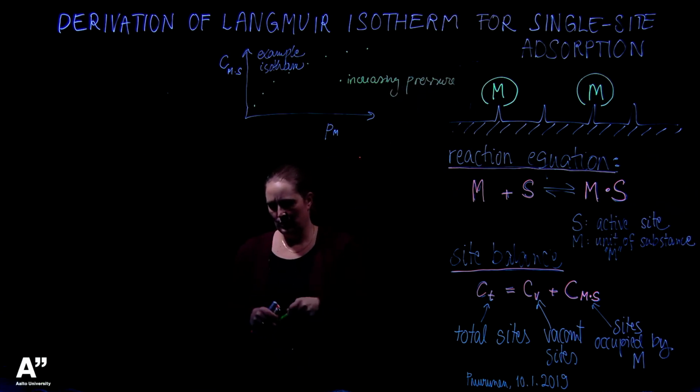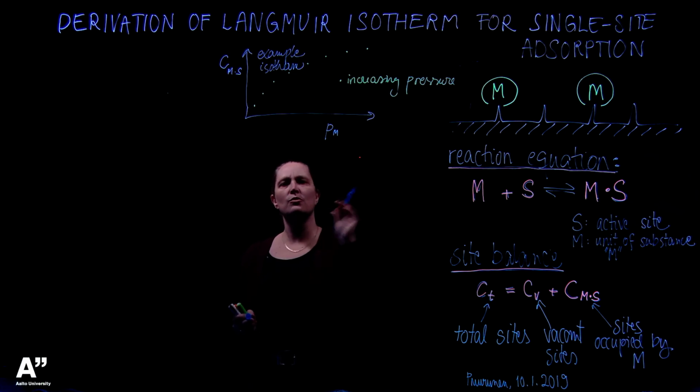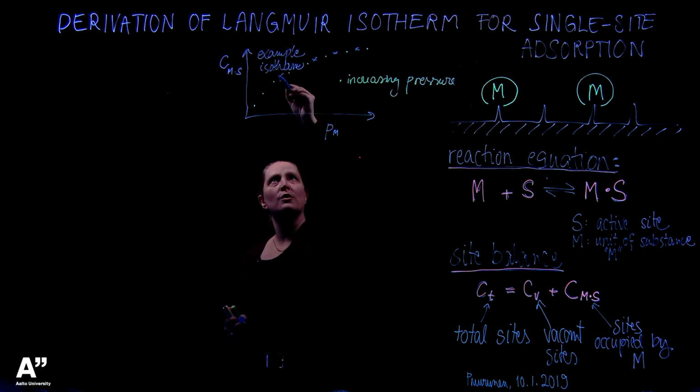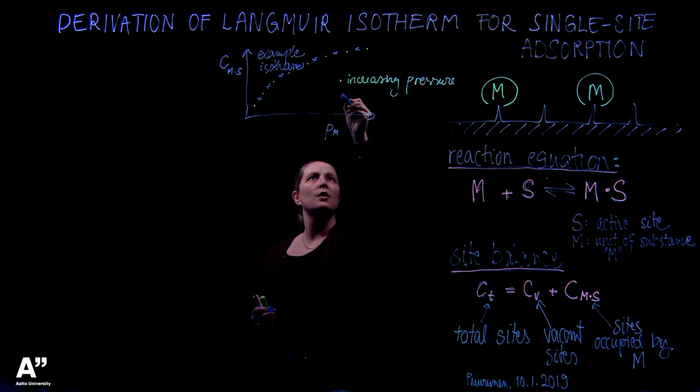And because we are talking of chemical reactions which are typically reversible, you can also do this in the same measurement coming down with pressure, and I am just going to draw here some points, and this would be then decreasing pressure.